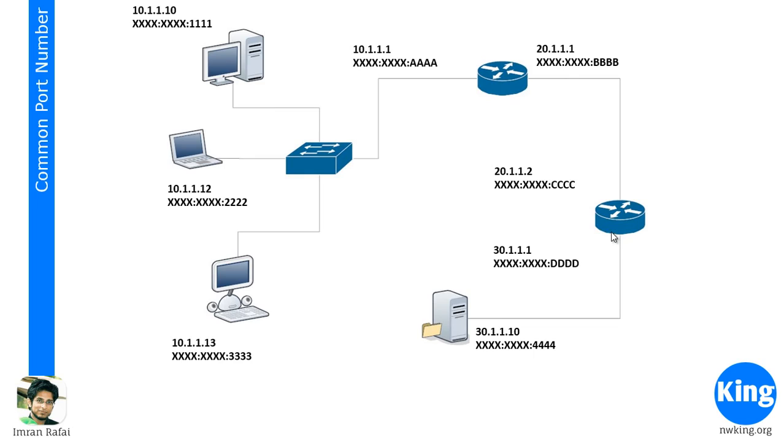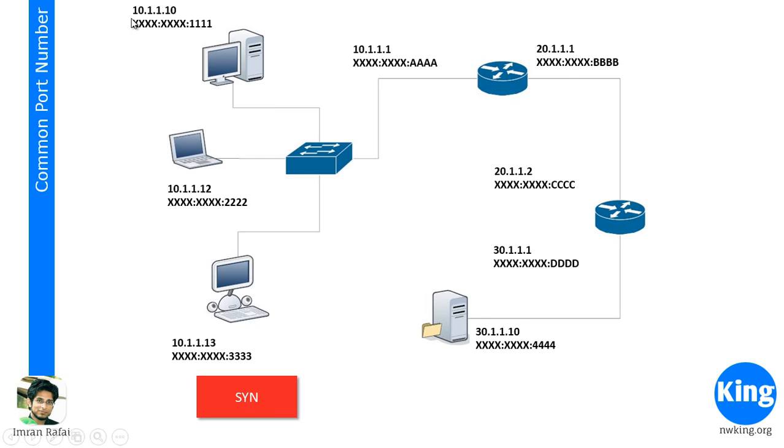So now let's look at a data flow through our network with whatever little information we know so far. Let's assume that this computer 10.1.1.10 wants to communicate with this file server at 30.1.1.10.